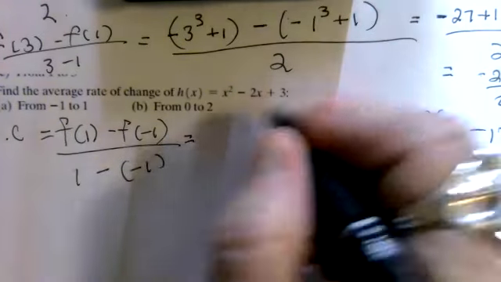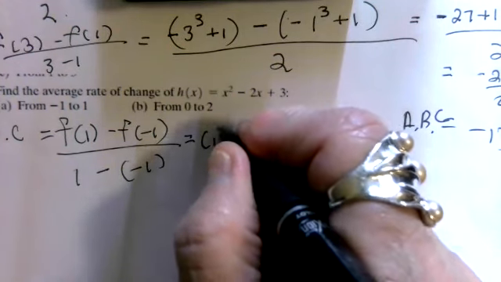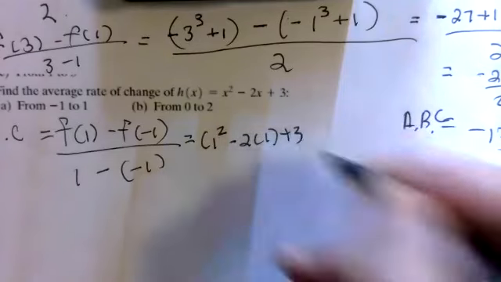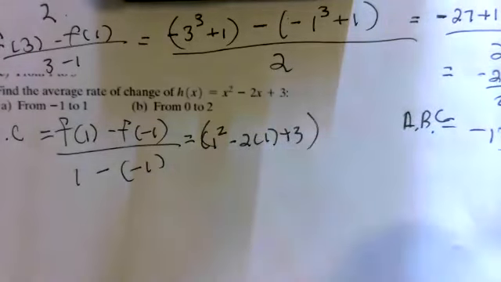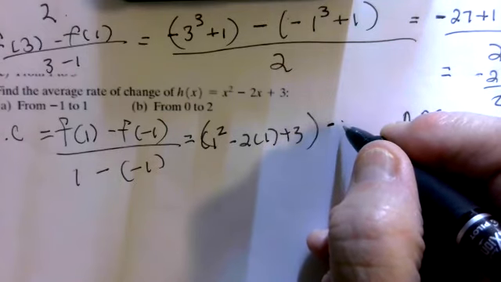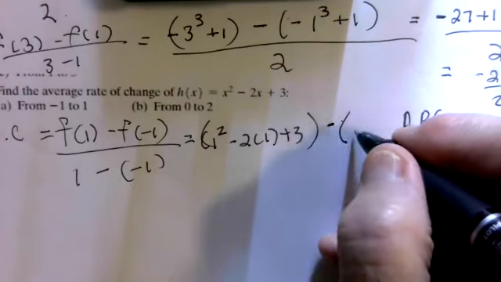And then we figure out what f of 1 is. Well, it's 1 squared minus 2 times 1 plus 3. And then we're going to have to subtract f of -1.